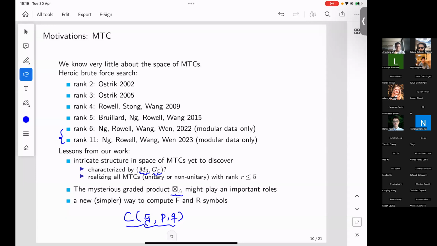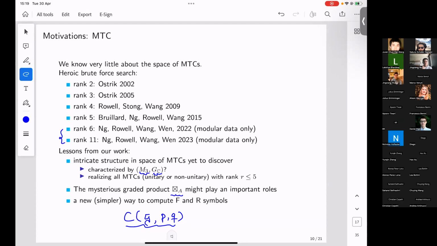Are there similar-looking pairs of M3 and group, where one gives a unitary and one a non-unitary MTC, or do you see some pattern? Right. At this moment, I don't know if there is any simple pattern.